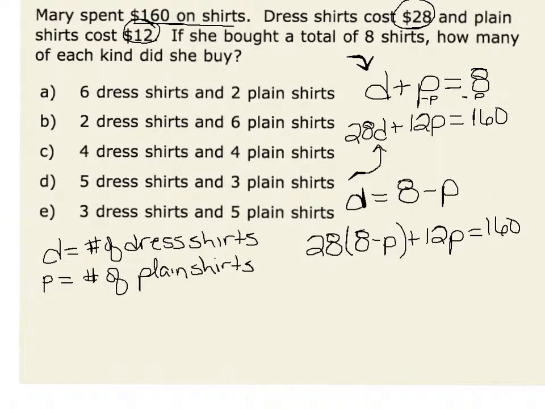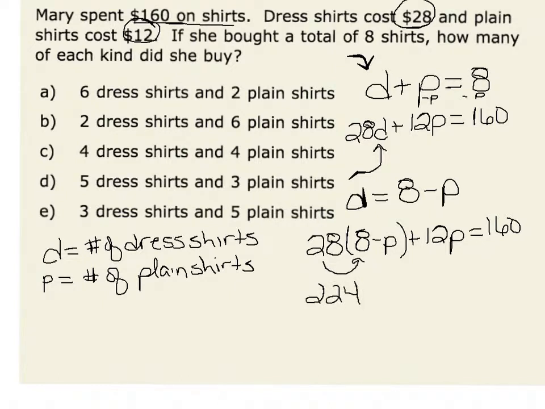Now I am ready to solve my equation in terms of P. We can simplify the left-hand side by using the distributive property. We have 28 times 8, which is equal to 224, and 28 times a negative P, or a negative 28P, still plus our 12P is equal to 160.